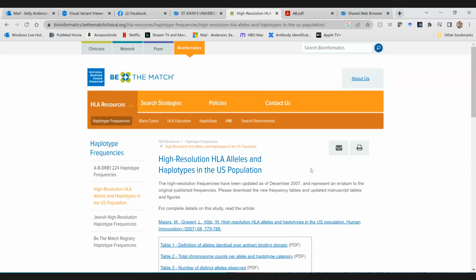So it just depends on what method your lab is using. Like our lab primarily used SSO for all the organ patients. So it might take a week to have everything done because you also have a supervisor review your run, and then you have a medical director review your run to make sure everything looks acceptable.